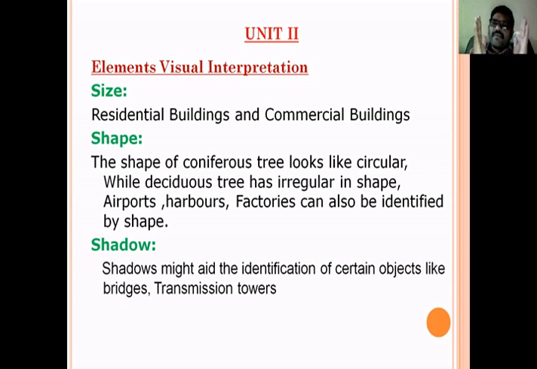How can we analyze the images or information sent by the sensor to the processing station? We are going to discuss that here.